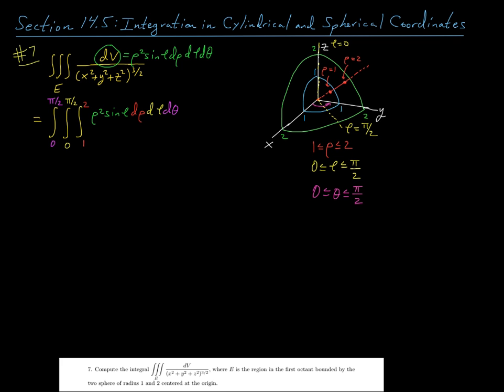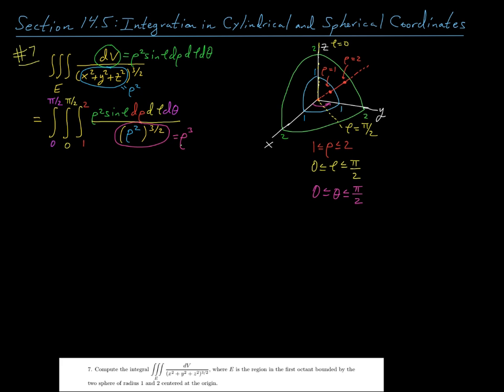All right. And then downstairs, we see this x squared plus y squared plus z squared to the 3/2, and 2 videos ago we saw that x squared plus y squared plus z squared in spherical is simply equal to rho squared. So this is just rho squared raised to the 3/2 power. Now that expression is just going to be rho cubed.